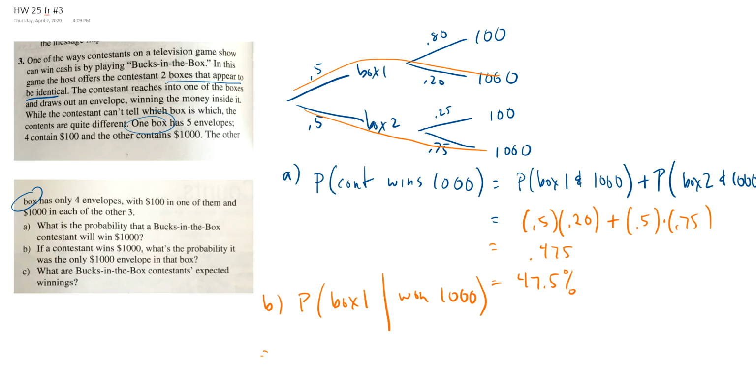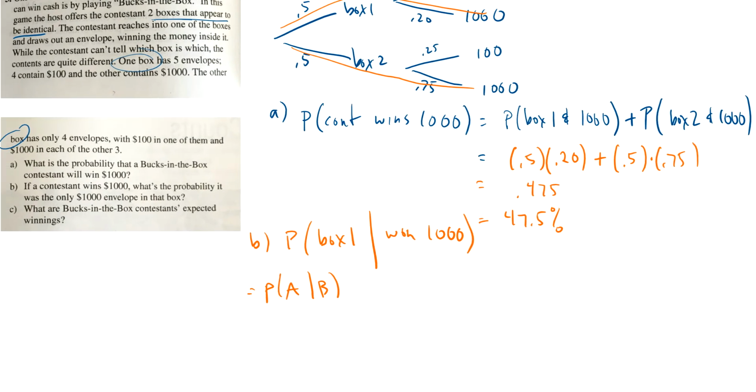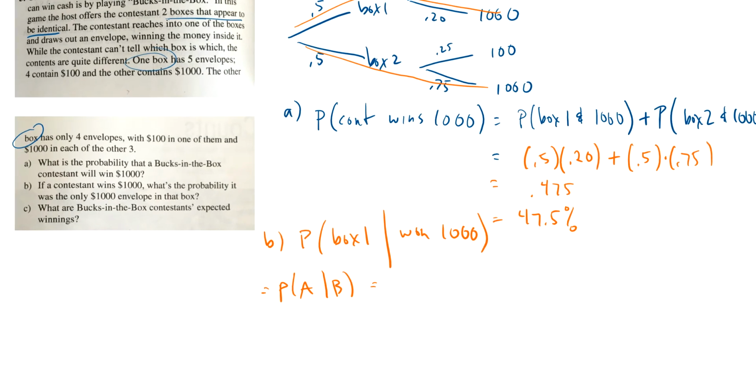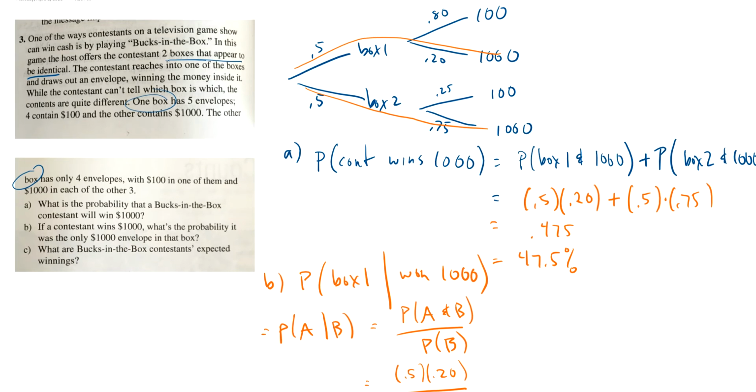So this is the probability of A given B. You actually have a formula for that on your formula sheet as well: the probability of A and B divided by the probability of B. So that's going to be the probability that you pick box 1 and win $1,000, which is 0.5 times 0.20, over the probability that you won $1,000.